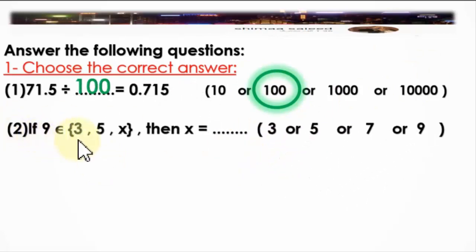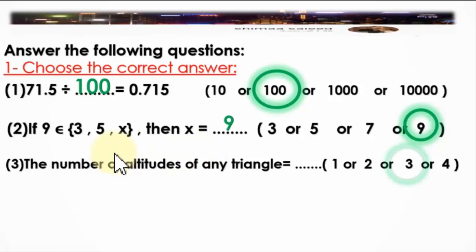If 9 belongs to the set of 3, 5, and x, then x equals 9. The number of altitudes of any triangle equals 3. Well done.